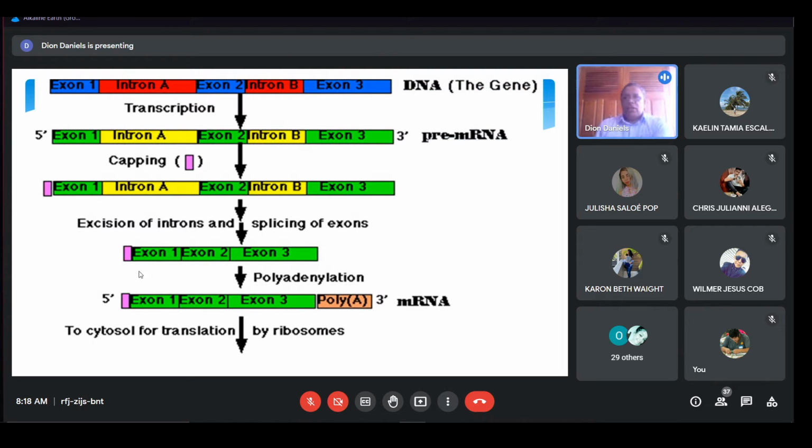So here we have at the top a gene. All right, so this is a gene. And take note that the gene is comprised of exons and introns. All right, remember this is in eukaryotes. So eukaryotes contain introns and exons. Okay, so that's a gene. Transcription takes place.